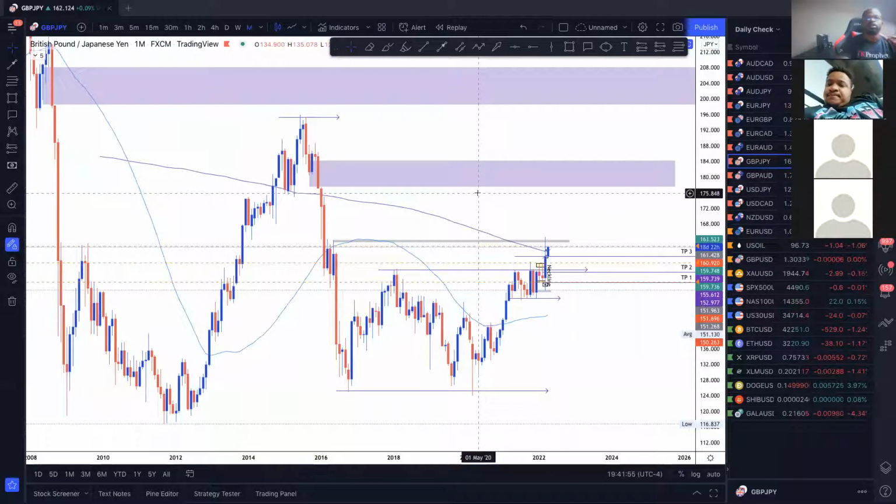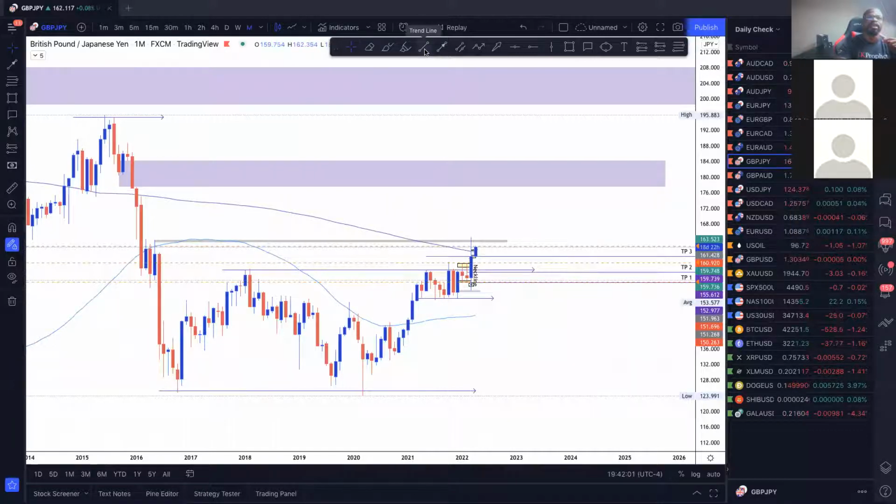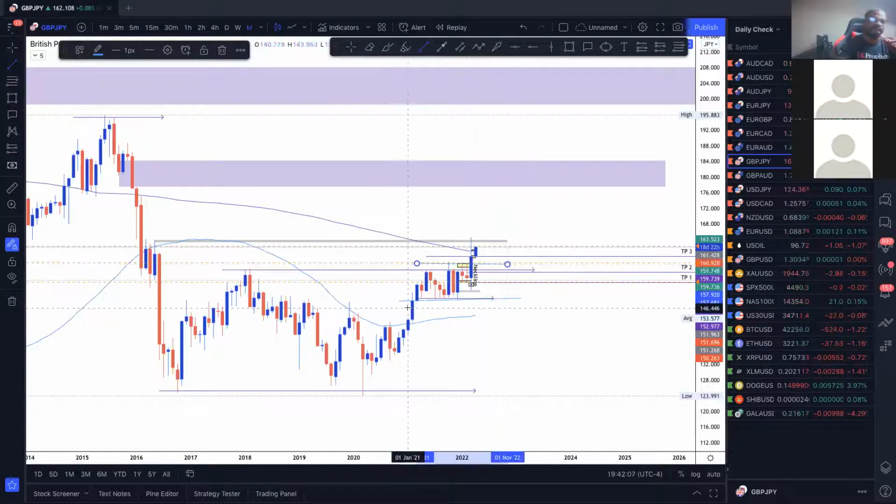But it's still pretty much, this is the monthly chart. We just had a flag right here. This is a big bull flag. And typically the bull flags will print the same movement as the length of the pole underneath it. So just off of a quick measure, you could see this movement up here.